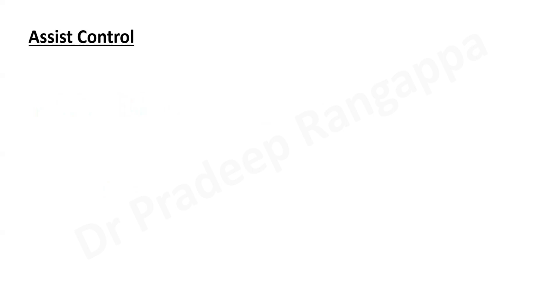So we'll talk about assist control. In assist control mode ventilation, there are certain parameters we set. Tidal volume is set for any ventilated patient. These are some of the basic variables we set when connecting the patient to a ventilator: tidal volume, and most importantly, the IE ratio.